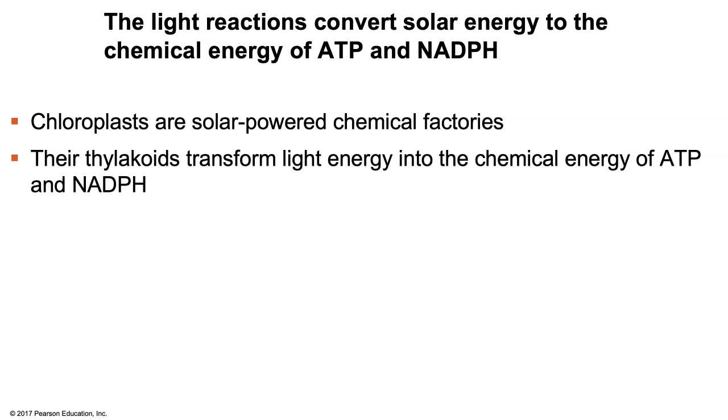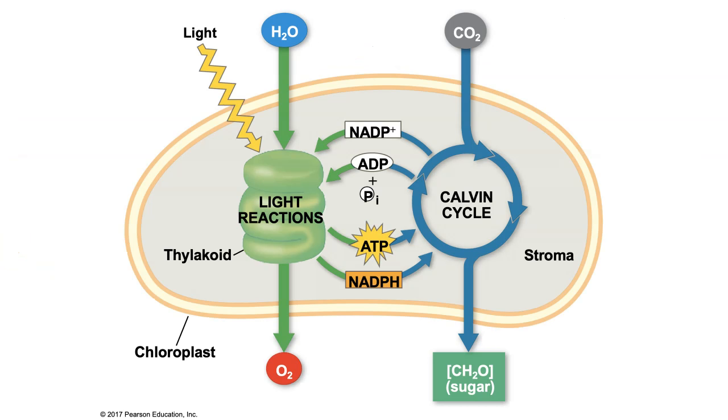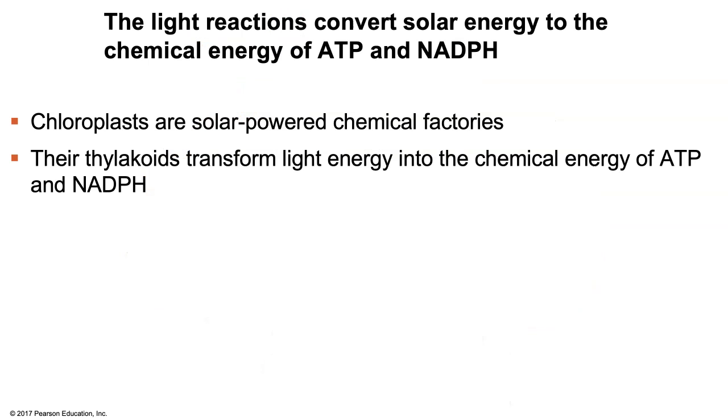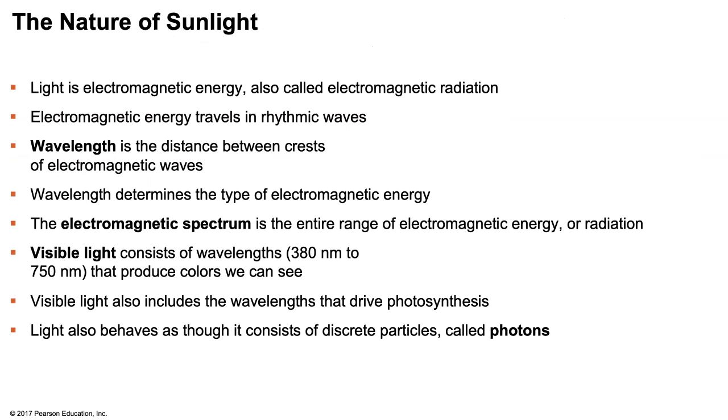It's helping make molecules for us, and the molecules that it makes particularly are ATP and NADPH, right? Here's the light reactions. They use solar energy. We're making ATP and NADPH. The thylakoids transform light energy into the chemical energy ATP and NADPH. So let's look at sunlight.